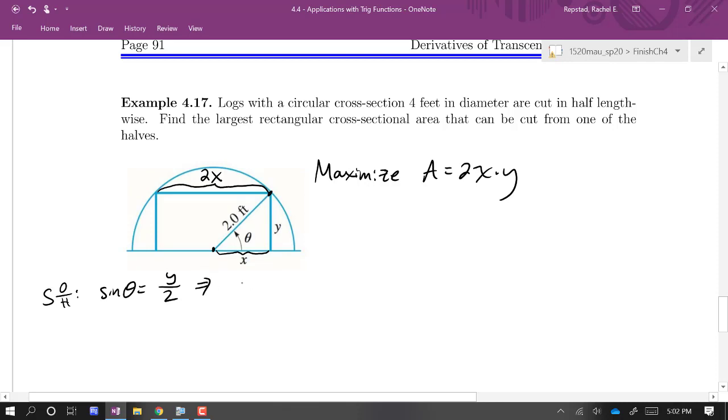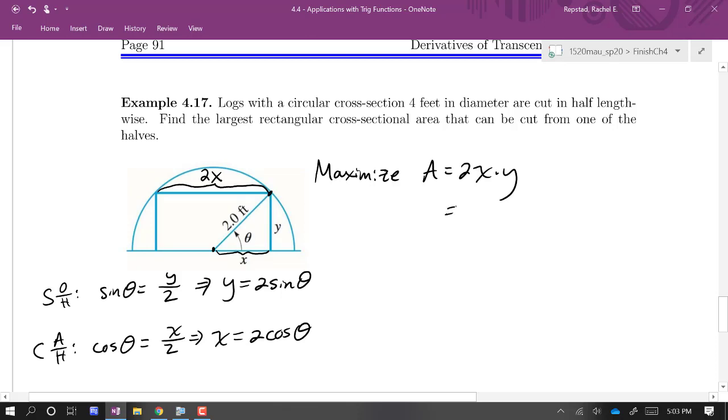If you multiply both sides by 2, we find that y is equal to 2 sine theta. Similarly, cosine theta is adjacent over hypotenuse, so that's x over 2, and that means that x is 2 cosine theta.